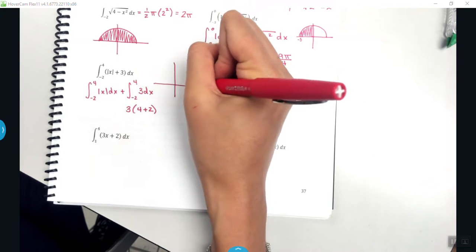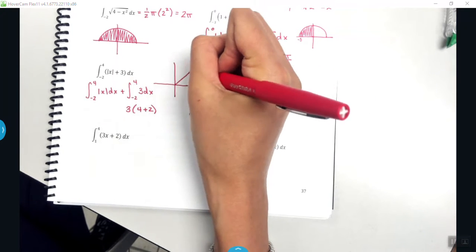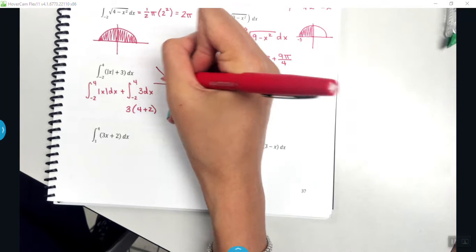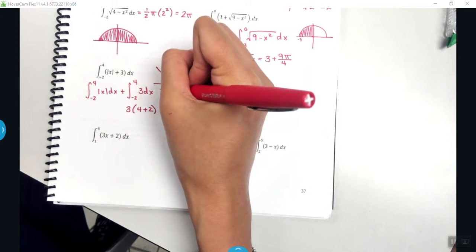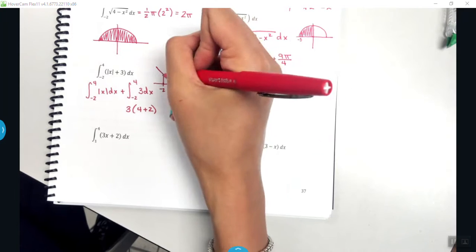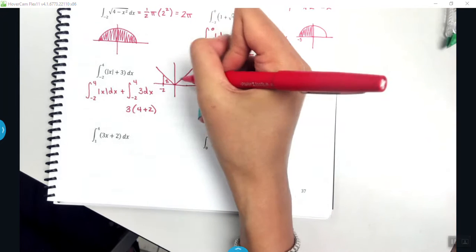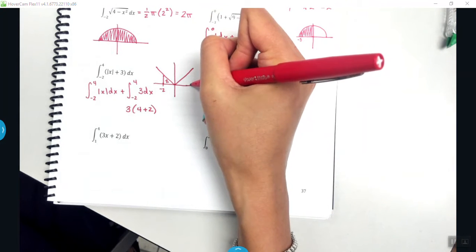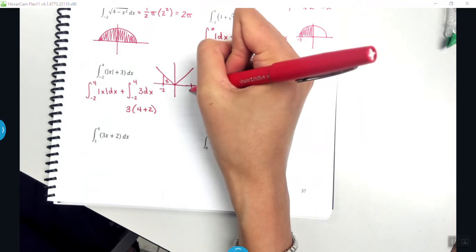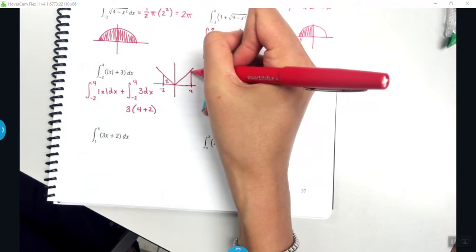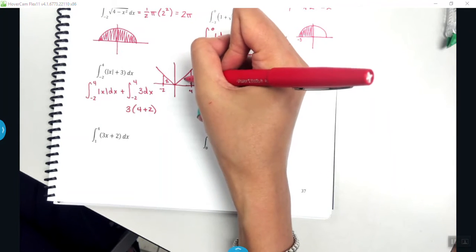So it looks like a V. And from -2, this is 2, so the area will be 2, right? And then 4 is 4, so 4 times 2 is 8.